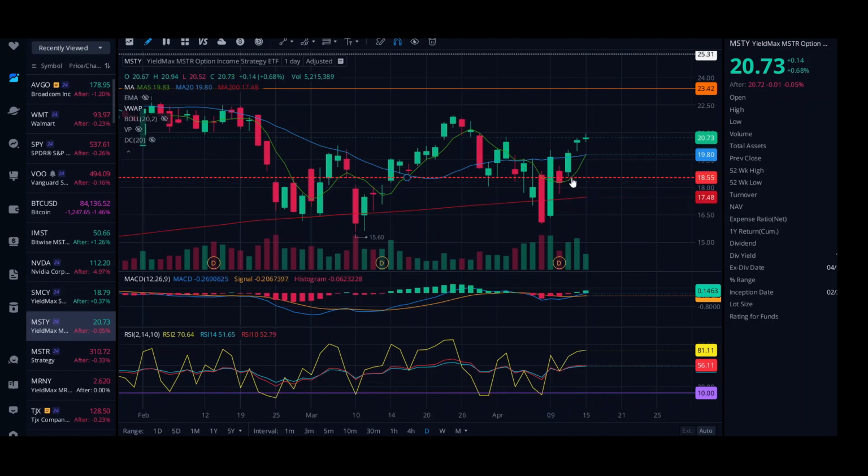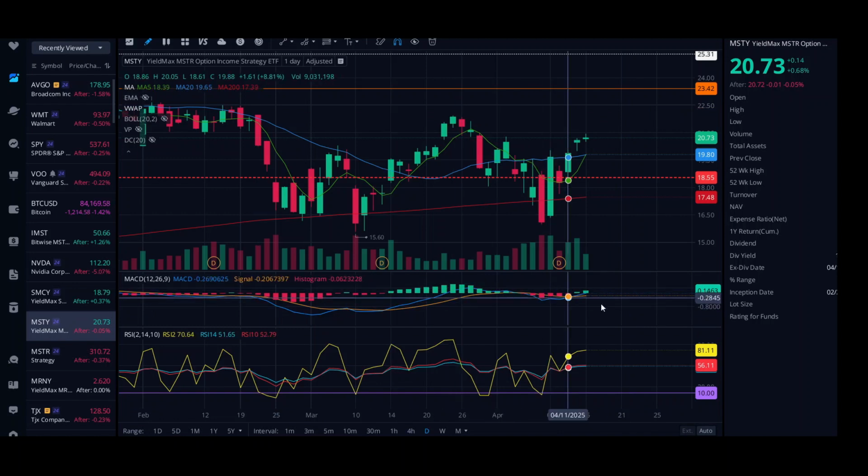This green line is a 5-day moving average, so that's the average over the 5-day span. And the blue line right here is a 20-day moving average. On the short term, we are crossing over that 20-day moving average. That's a good sign there as well. So hopefully we can get this to move on up and keep continuing up. I'd love to see that.